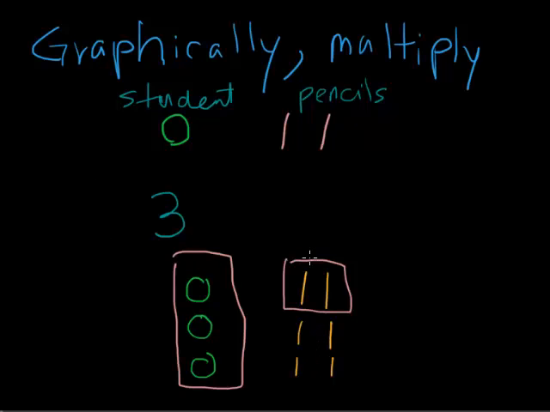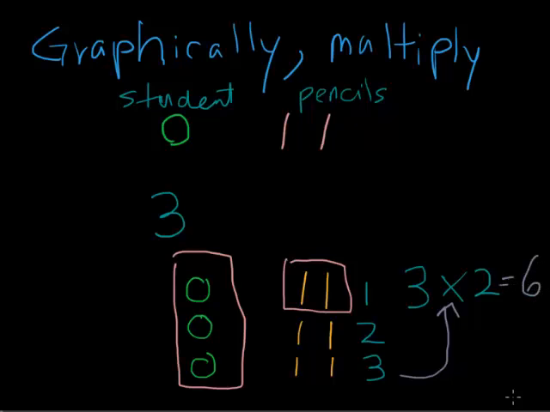So the answer is 3 times 2, because we have 1 set of 2, 2 sets of 2, 3 sets of 2, and that equals 3 times 2, which equals 6. Okay, so that's the graphical representation.